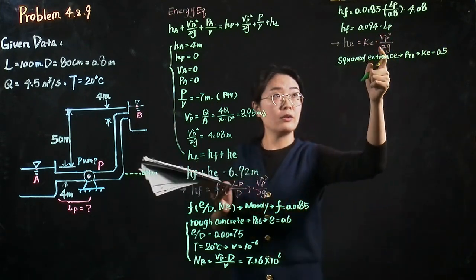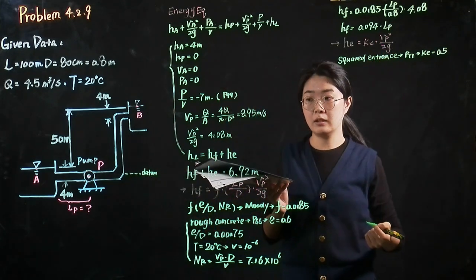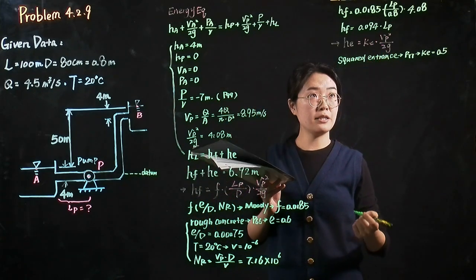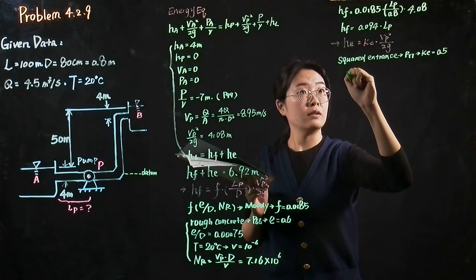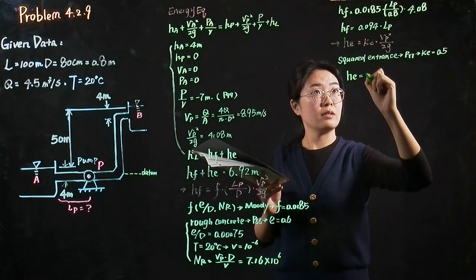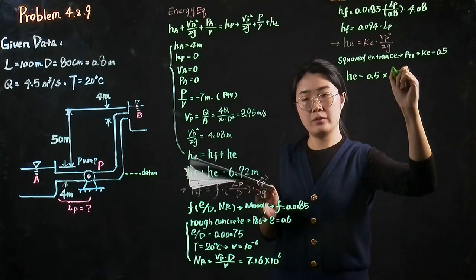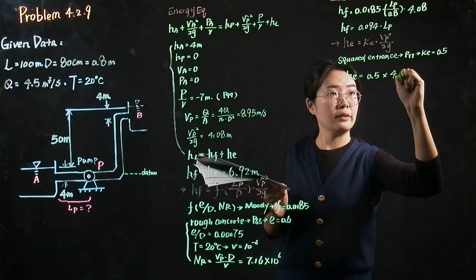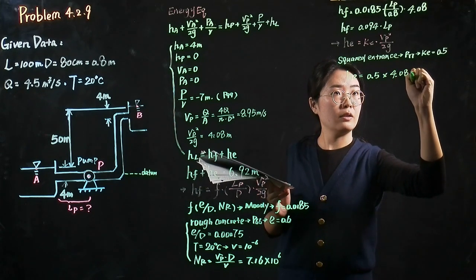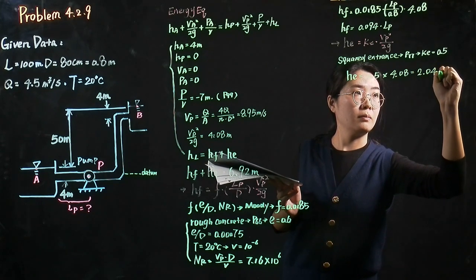And we already know the value of the velocity head, it equals 4.08 meter. So the loss caused by the entrance equals 0.5 times 4.08, equals 2.04 meter.